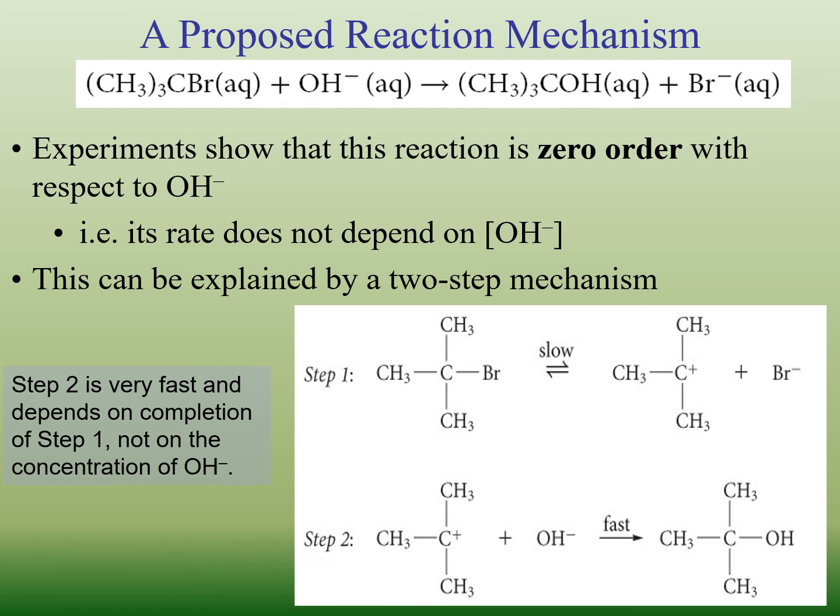In the first step, 2-bromo-2-methylpropane slowly ionizes. In the second step, the hydroxide ion forms a covalent bond with the positively charged ion from the first step. This happens extremely fast. It's as if the hydroxide ions are just waiting for positively charged ions to form. The concentration of the hydroxide ion has no effect then on the overall speed of the reaction.